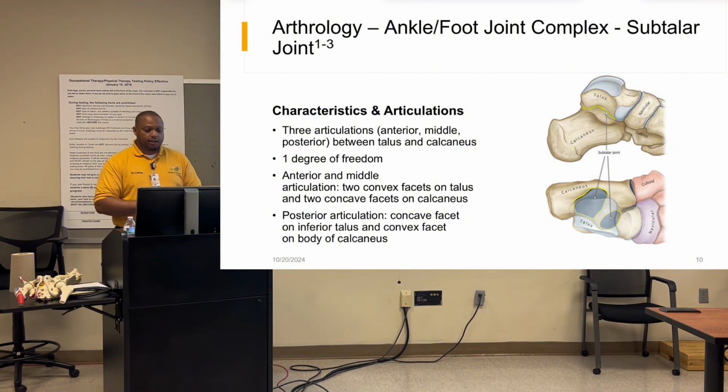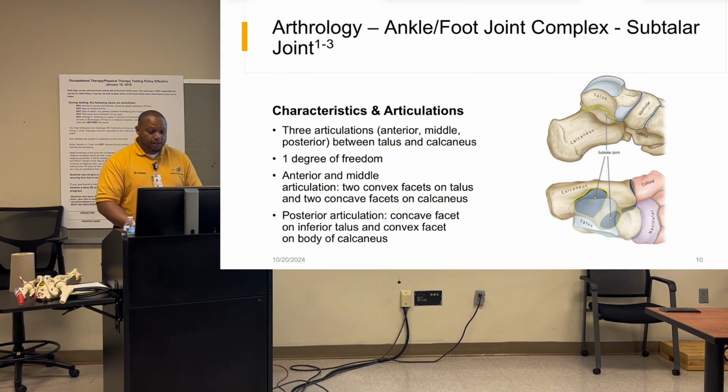There are three articulations. You have the anterior, middle, and posterior areas between the talus and calcaneus, which permits 1 degree of freedom. We're talking about inversion, subtalar inversion, eversion, or some say subtalar pronation, supination.